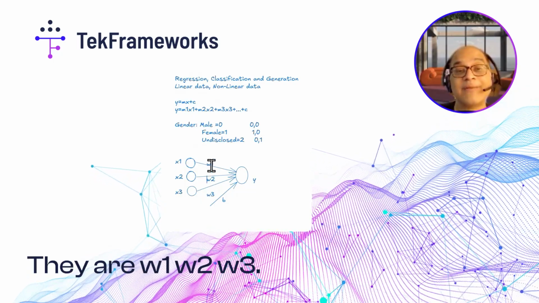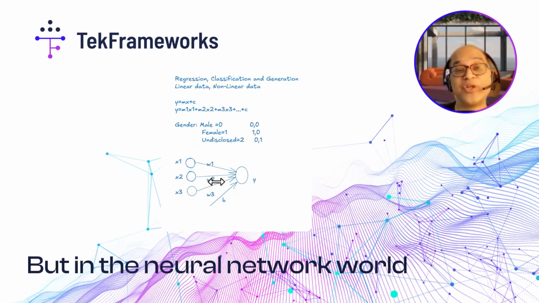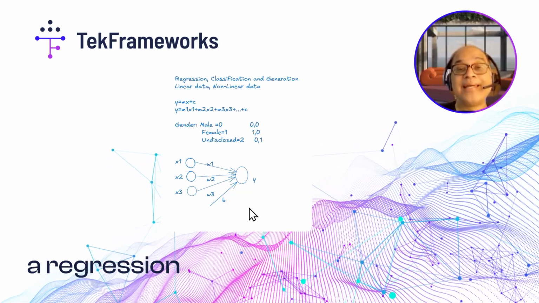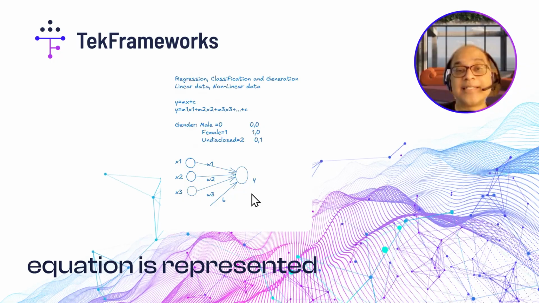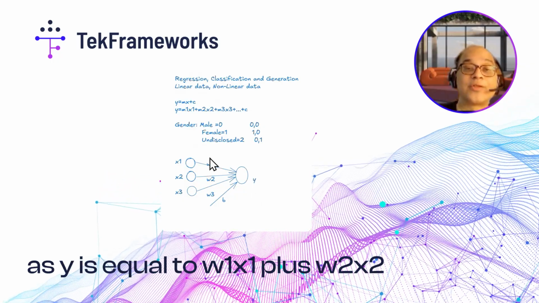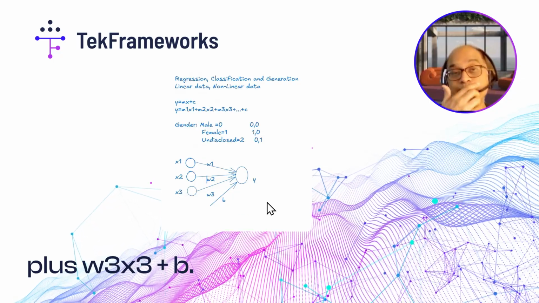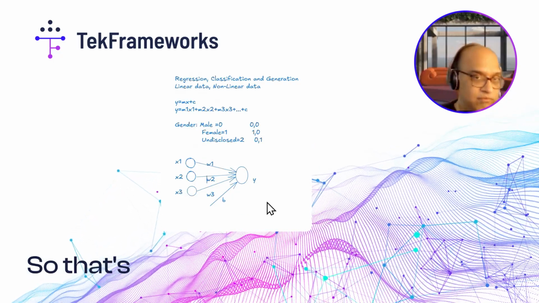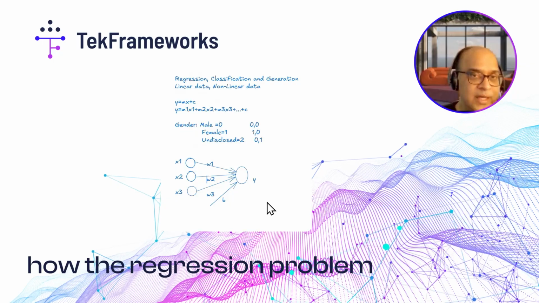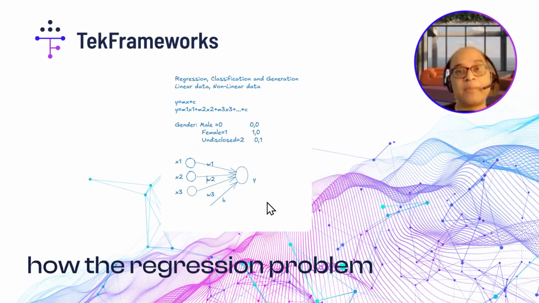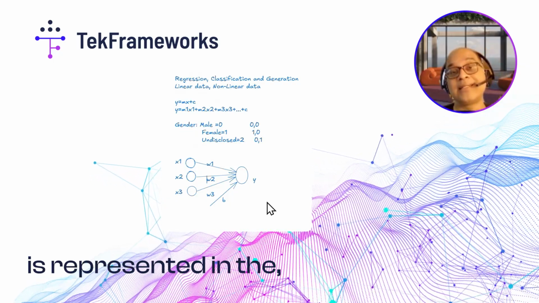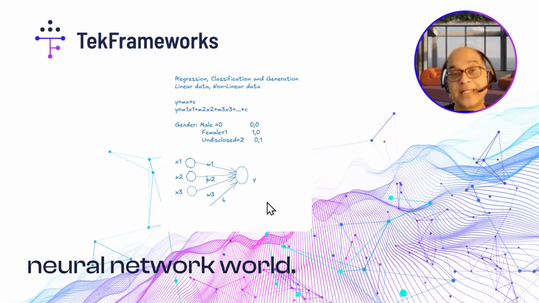But in the neural network world, a regression equation is represented as y = W1x1 + W2x2 + W3x3 + B. That's how the regression problem is represented in the neural network world.